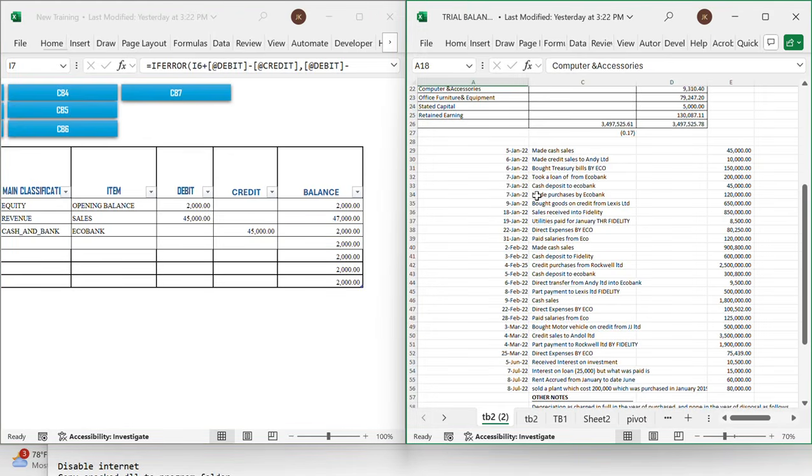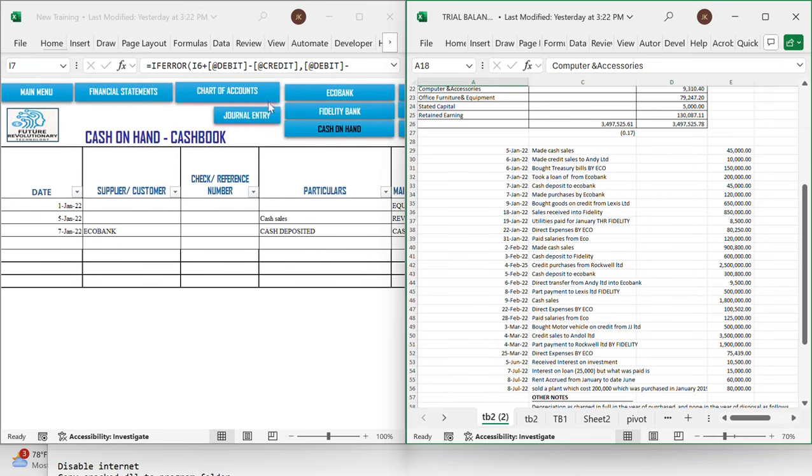The next transaction is purchases made by EcoBank. So you are going to also debit your purchases account, and then you credit your EcoBank account, right? So if you don't have purchases set up already here, you need to go to the chart of account and include it.